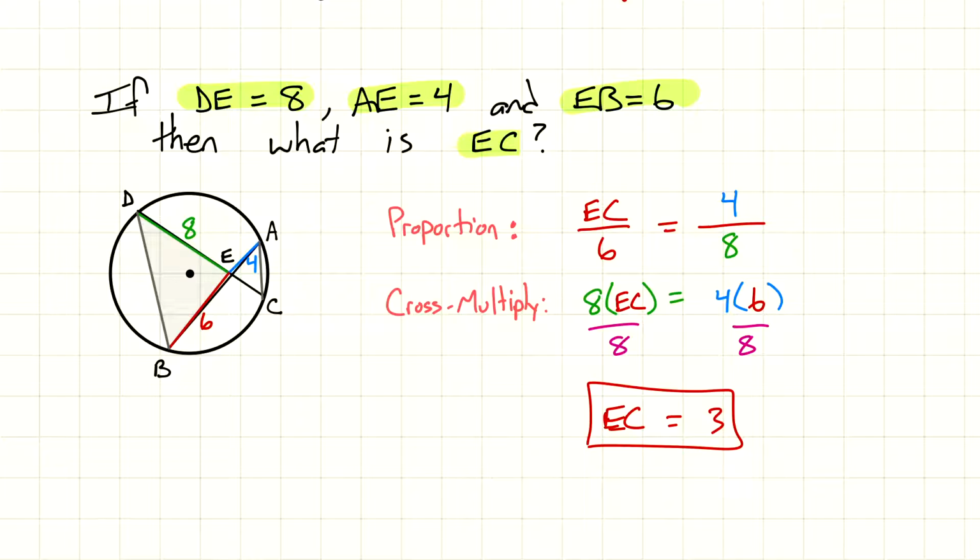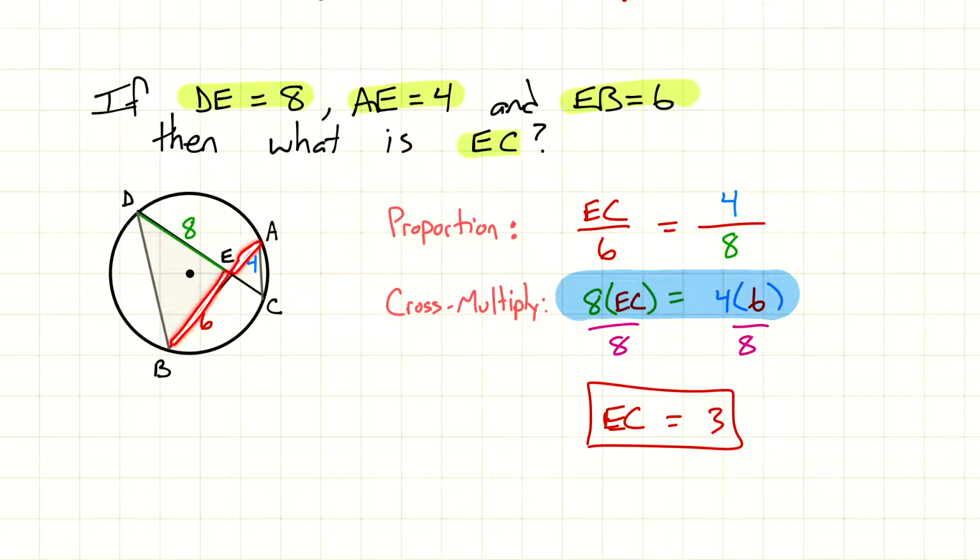A couple of things to note. When we look closely at this part here, everything is taken from the picture. We have 8, EC, which is this measurement here, and 4 and 6.